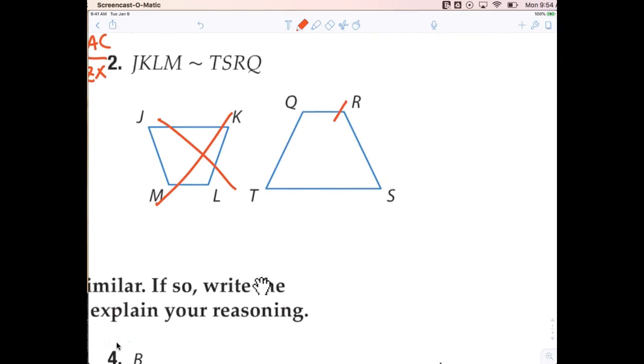So for question 2, again, I really don't need to look at the figures to do the problem. Aspen, tell me the angles. Angle J is congruent to angle. Perfect. Keep going. Angle K is congruent to angle X. And L is congruent to R. I'm telling you, it's that simple. Now, Kate, I have to do the sides. Tell me what the sides are going to be.